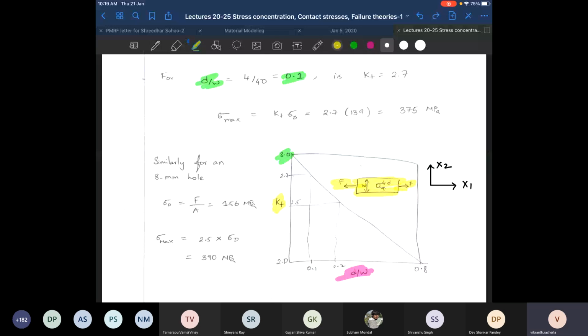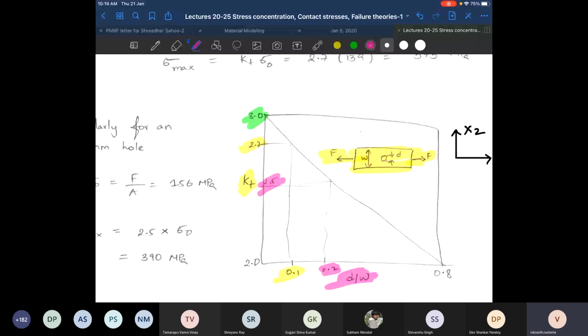For d by w of 0.1, Kt equals 2.7. And for the case where the diameter of the hole is 8 millimeters, Kt will be equal to 2.5.